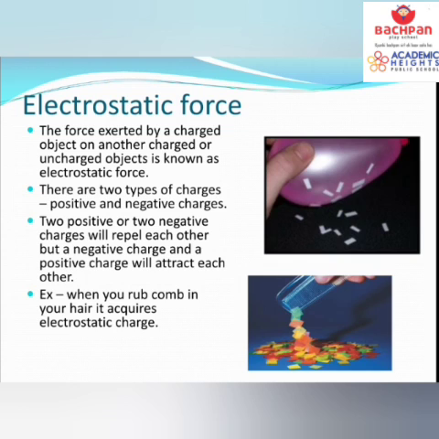When two positive charges are near each other or two negative charges are near each other, means like charges, they repel each other. वो दोनों charges एक दूसरे से दूर होंगे. दोनों objects अगर positive charge के हैं या negative charge के हैं, they will repel each other. And if objects have opposite charges, they attract each other.